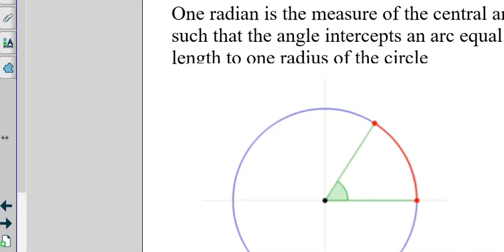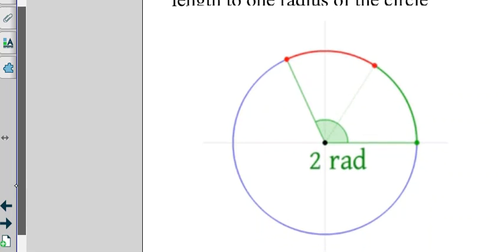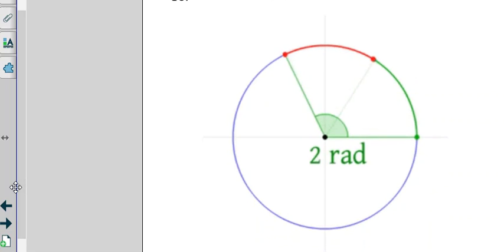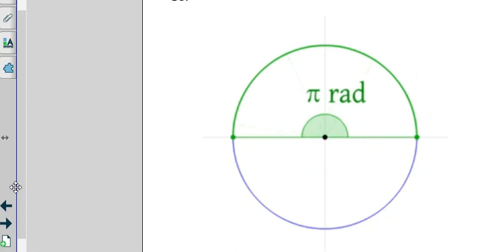Let's look at that in radians. Here I have 1 radian, where that radius is the same as that arc length. And then there's 2 radians and 3 radians. And see that little smidge left over? That's what makes it pi radians for half of a rotation. When you flip it over, 3, 2, 1, flip, that's why it's 2 pi.